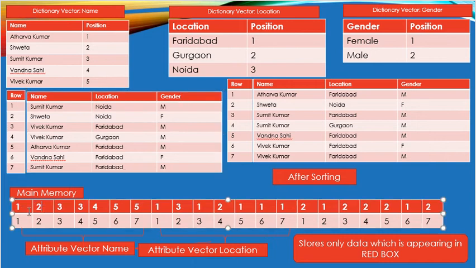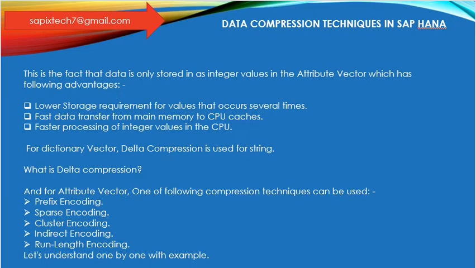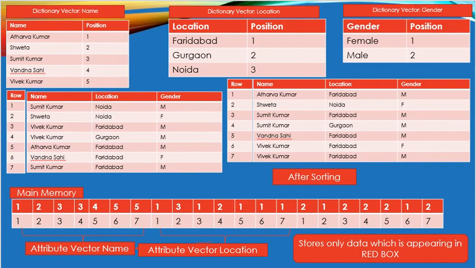Main memory in red color, you can see 1 2 3 3 4 5 5. This is actually stored in main memory, nothing else. You will understand in my previous video why this is 2, why this is 3. And in my next example, where I will show you what is prefix encoding, sparse encoding, cluster encoding, everything will be based on this structure only, because if I create this kind of data every time, I won't be able to cover everything.